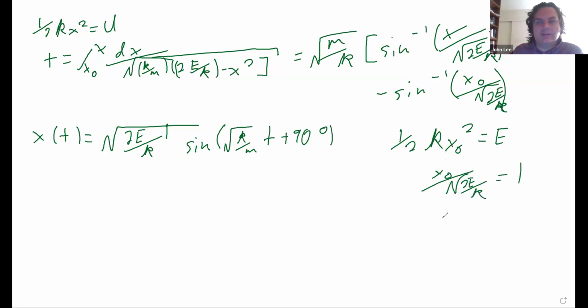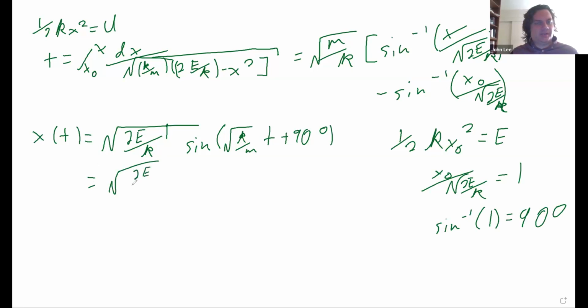Therefore, sine inverse of 1 equals 90 degrees. So when we plug this in, it's sine of the square root of k over m times t plus 90 degrees, which is the square root of 2E over k times cosine of the square root of k over m times t.